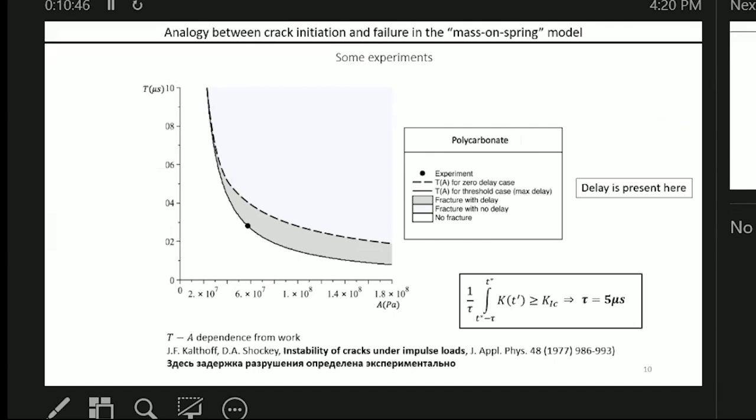Again, this is the curve with no delay. This is the curve with maximum delay, and actually all the critical pulses, their parameters, lie between these two curves. So this is the instability. It's not for each amplitude of the load. There is a range of critical durations of the pulses, which lead either to no delay of fracture or to the fracture delay. And here, all the pulses from here, they don't lead to the crack initiation. So this is the zone of no fracture.